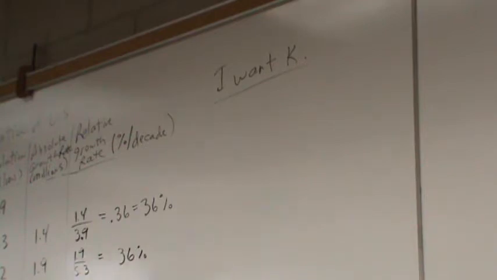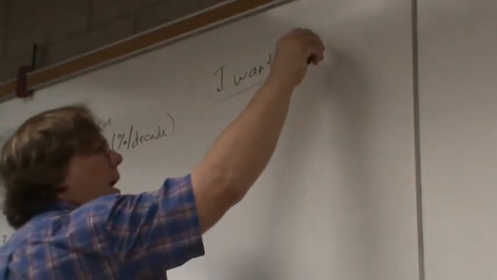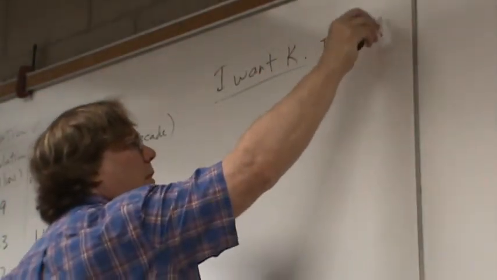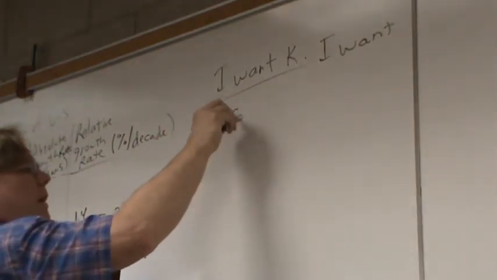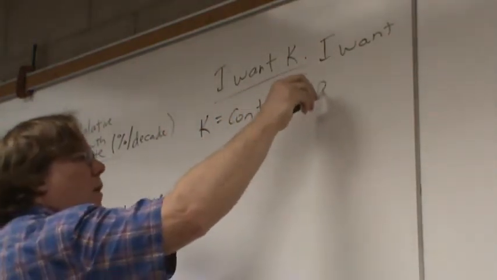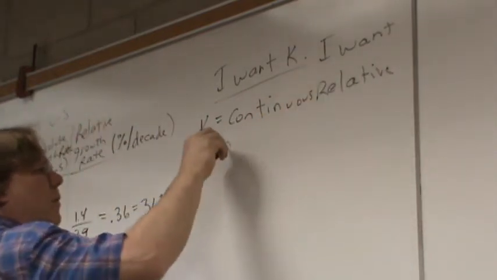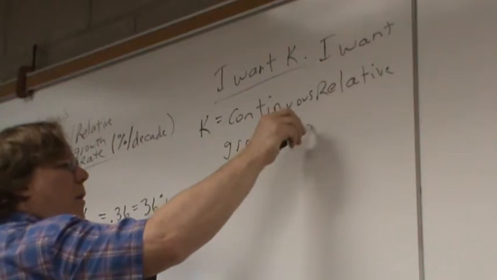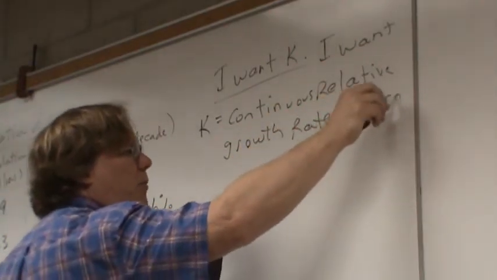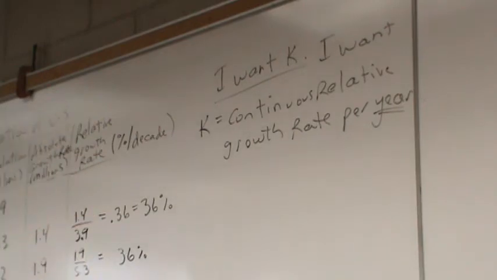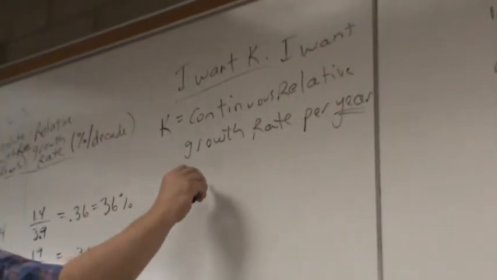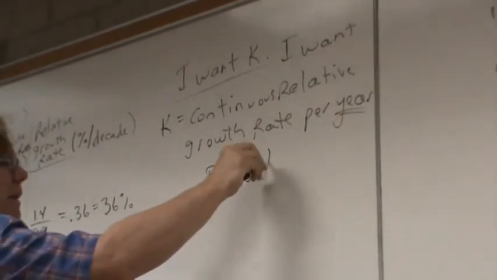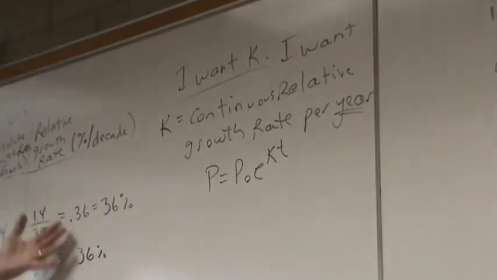I want K to be equal to the continuous relative growth rate per year, not per decade. Then I'm going to have to say P equals P naught e to the kt. I get to use that because it looks like it's a constant relative growth rate.